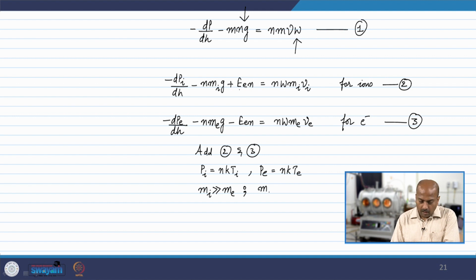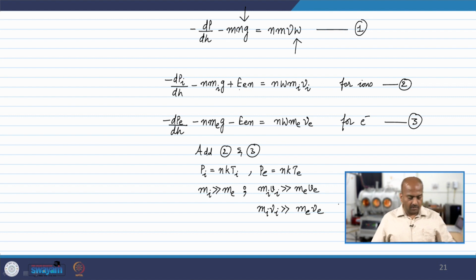and mi vi will be much greater than me ve, and mi nu i will be much greater than me nu e. With all these things, we will write an equation which is just a combination of equation number 2 and 3.